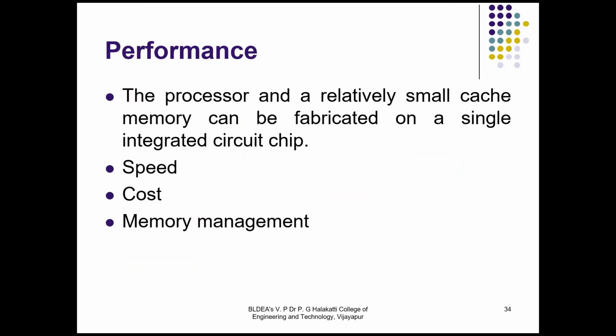The cache memory is situated inside the processor chip. The processor and a relatively small cache memory can be fabricated on a single integrated circuit chip, which can increase the speed. Of course, the cost also increases, but it can improve the memory management.